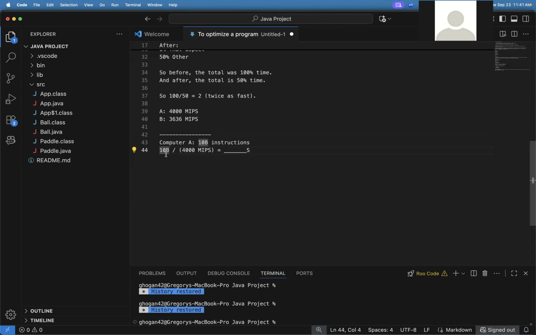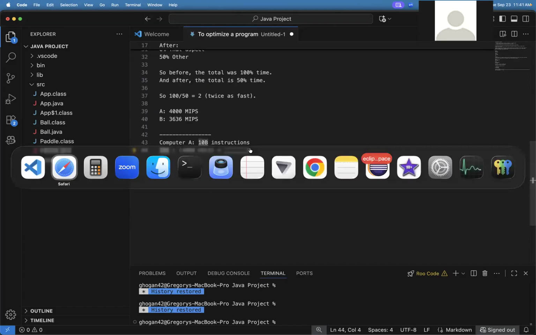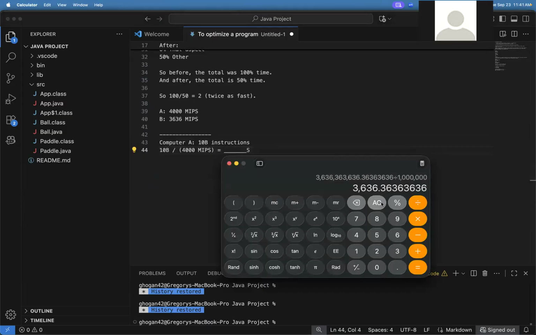The main point there, if you actually wanted to work out the math, is you'd have to take the 10 billion. Probably should have used a calculator where I just type in scientific notation. There's your 10 billion, and then you would divide by 4,000 MIPS.